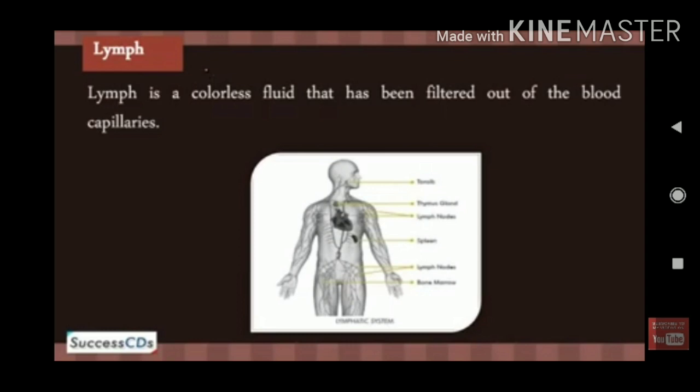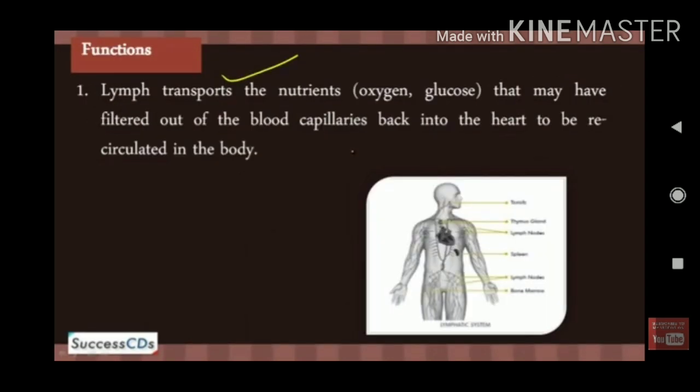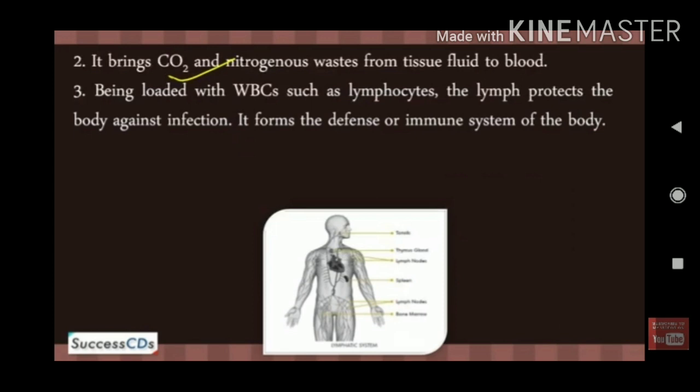It is filtered out of the capillaries. The lymph consists of WBC and plasma, so it is a colorless fluid. This lymph helps in the exchange of material between blood and the tissue.